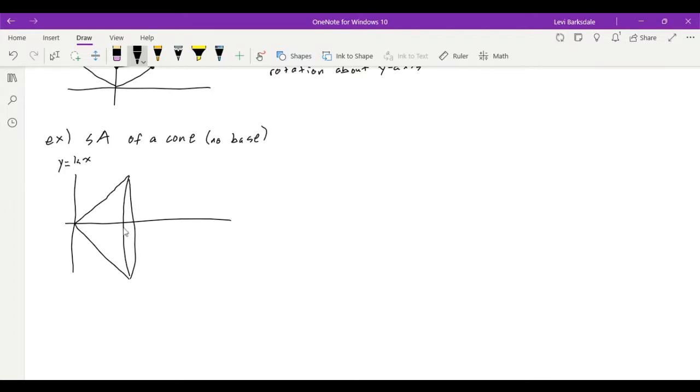So we know that this distance here would be the height of our cone as well, which means that the surface area of our cone is equal to the integral from 0 up until h of 2 pi times f of x, which is kx, times the square root of 1 plus f prime squared. In this case, y equals kx, so the derivative is just k, and since k is a constant, it doesn't make too much of a difference.